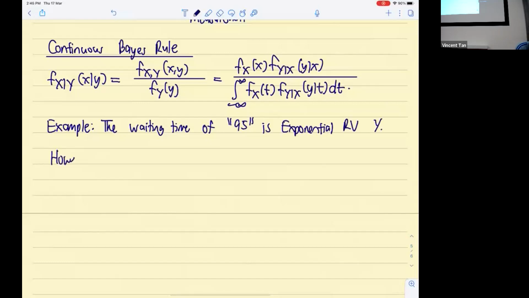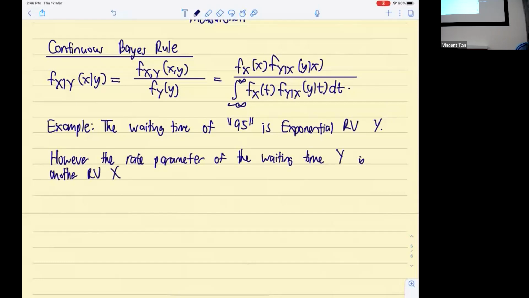However, the rate parameter of the exponential random variable, which is the lambda of the waiting time y, is another random variable x, and this x is uniformly distributed in the interval 1-3 minutes.